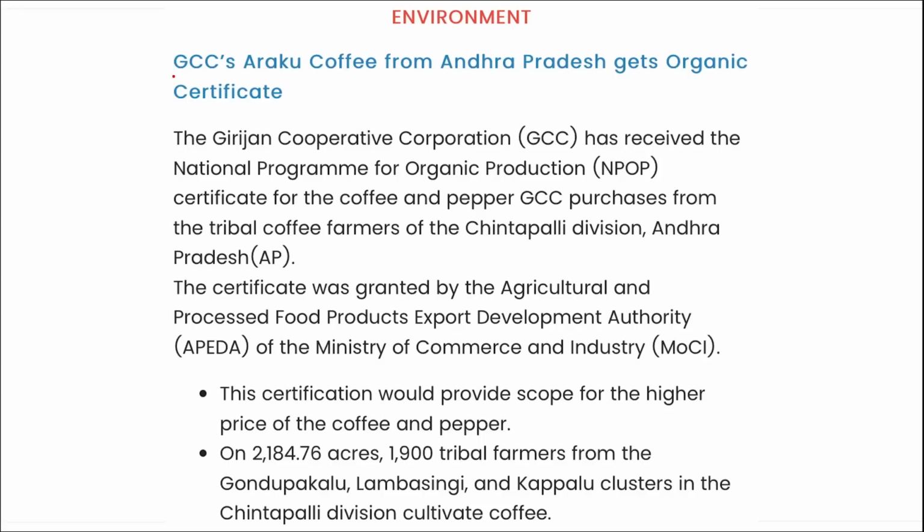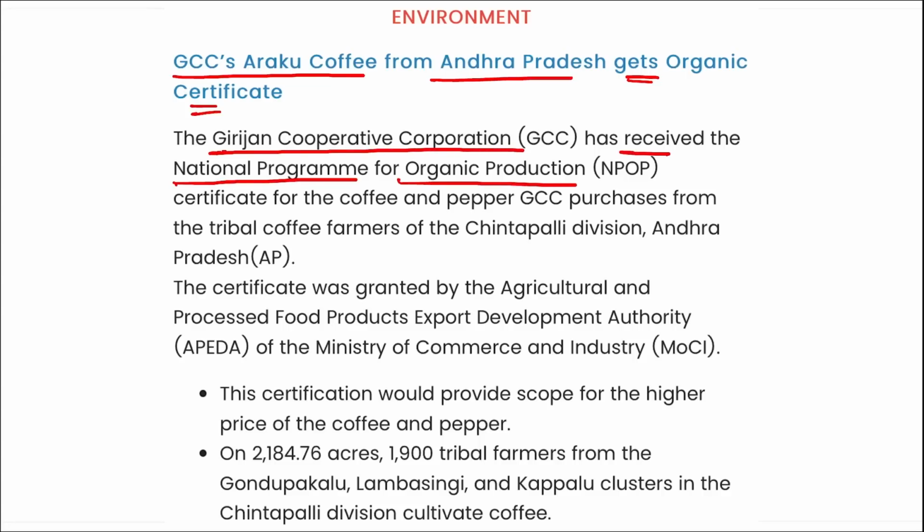Next is GCC's Araku coffee from Andhra Pradesh gets the organic certificate. I repeat, Girijan Cooperative Corporation has received the National Program for Organic Production certificate for the coffee and pepper GCC purchases from the tribal coffee farmers of the Chintapalli division in Andhra Pradesh.